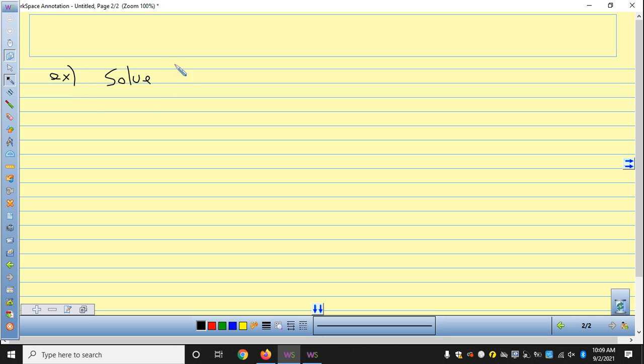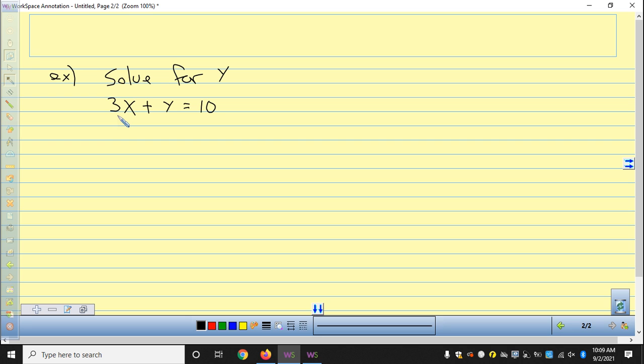So let's solve for y. 3x plus y equals 10. So we want to get y by itself. So we want to get this 3x away from this side of the equation. We're going to think of that 3x as being stuck together.